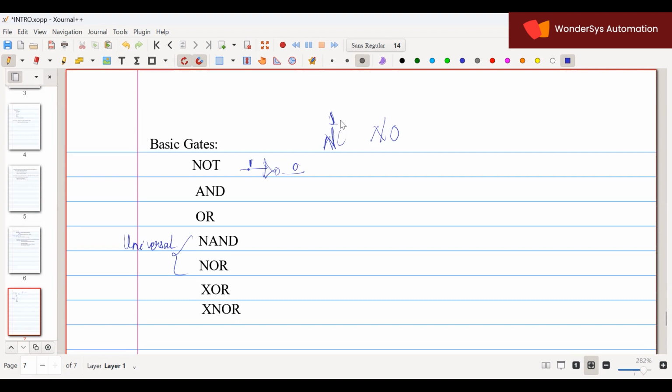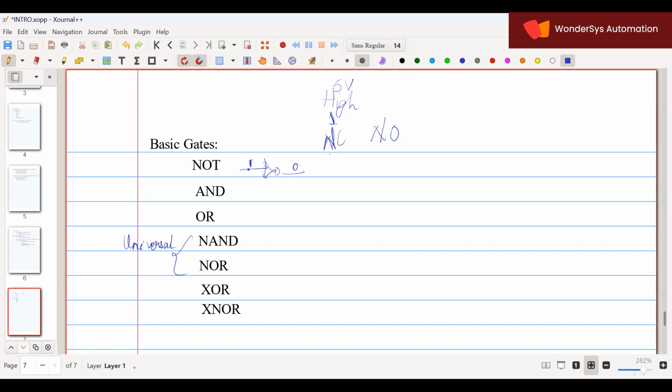If I give a high signal, if I give 5 volts, what will be the output?